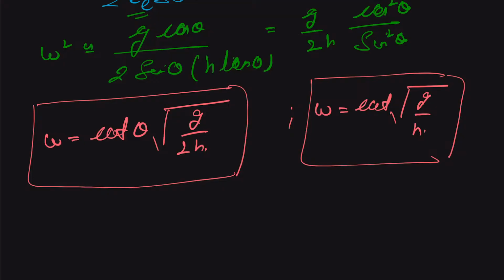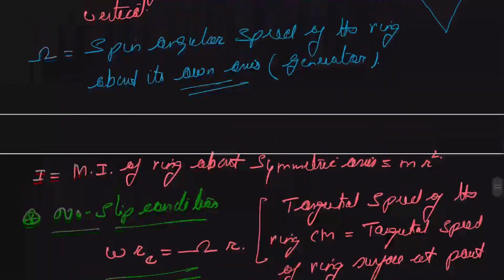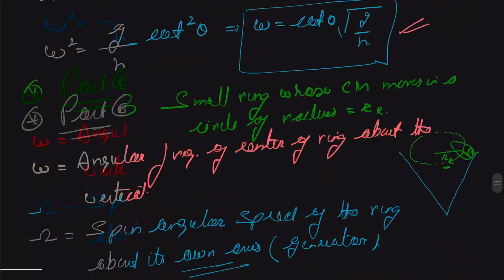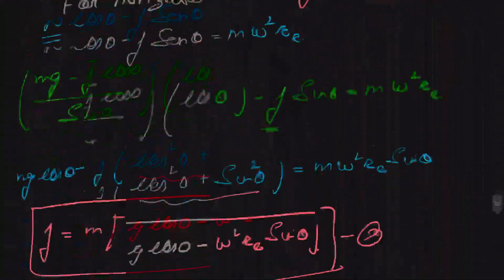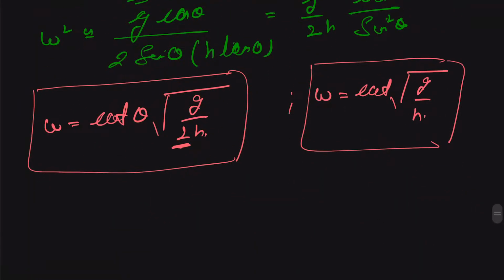So for comparison, let me check, yeah, g upon h. Okay, so here it comes 1 by 2, so there is a factor of 2. Okay, so we can make a comparison between the two also. Rest of the things are same, only the variation is there is extra factor of 2 within the square root in case of a ring, which is consisting of the friction.